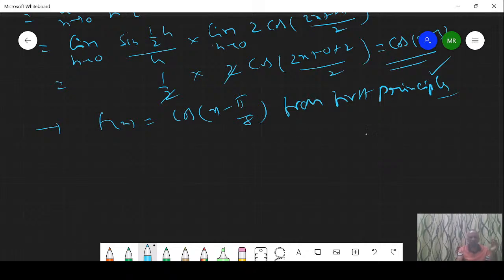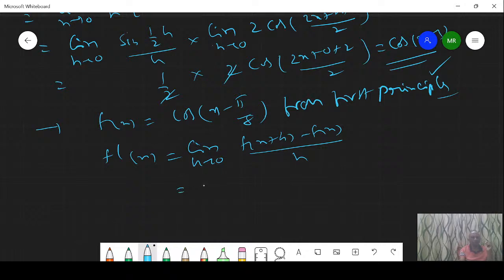So cos of x minus pi by 8 from first principle, then again you write f dash x equal to limit h tends to 0, f of x plus h minus f of x by h. What is f of x plus h?